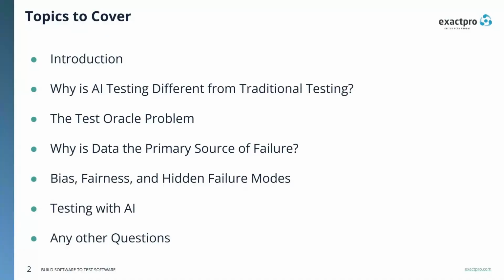Great question. I was thinking about it a lot and also prepared a number of slides that I hope we can now walk through. Why is AI testing different from traditional testing?